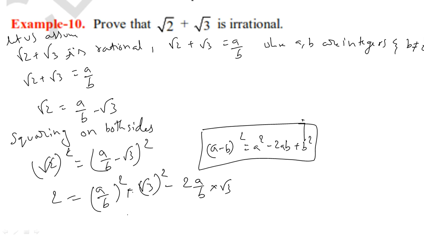Okay, let's move on to the next step. 2 is equal to a square by b square plus 3 minus 2a by b root 3. Now let's send this root 3 term to the other side and we'll send this 2 to this side.